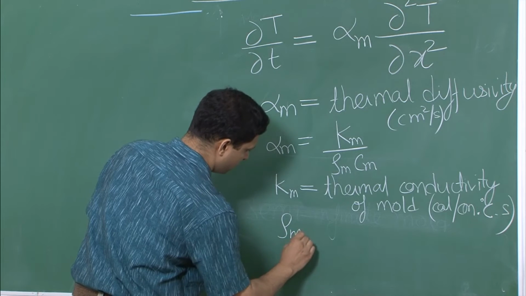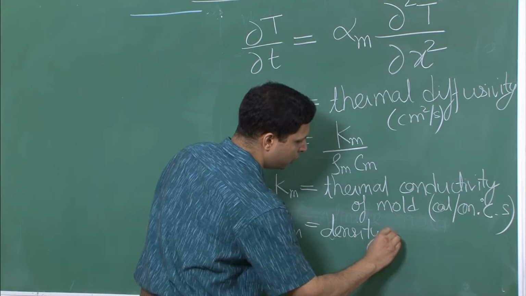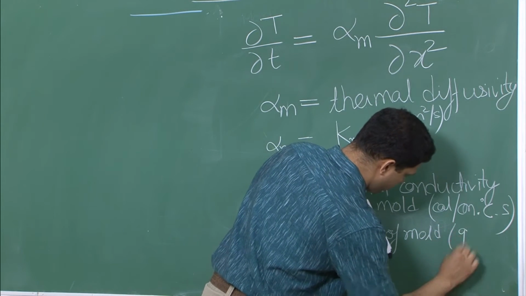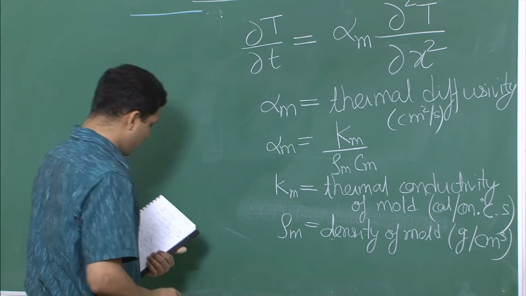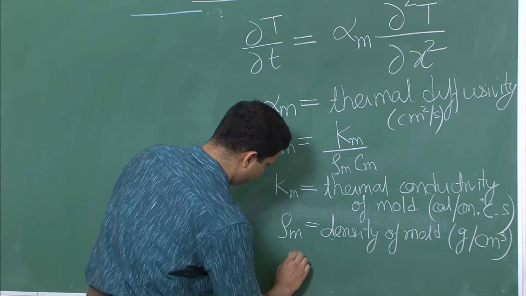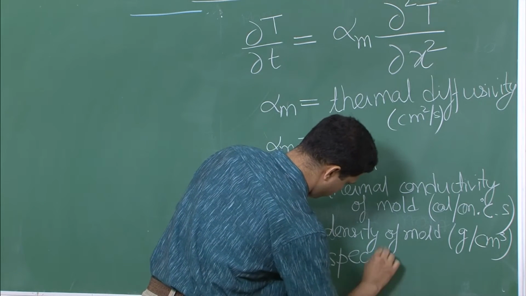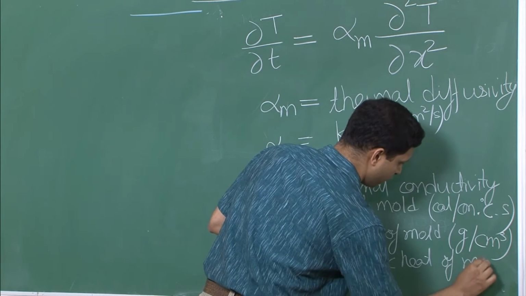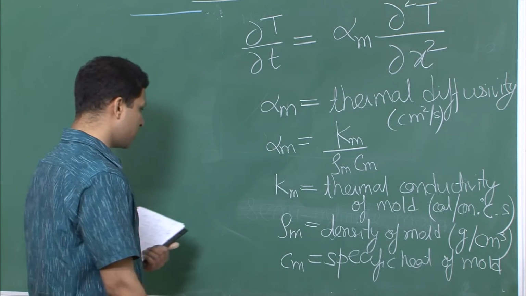Rho m is density, where subscript m denotes mold, so this will be in gram per centimeter cube. Cm we have already said is the specific heat of mold, and other parameters we know. T is the time, x is the distance in centimeter.